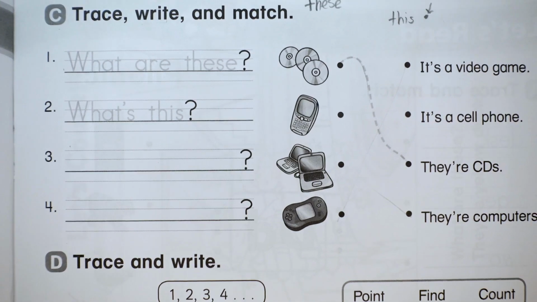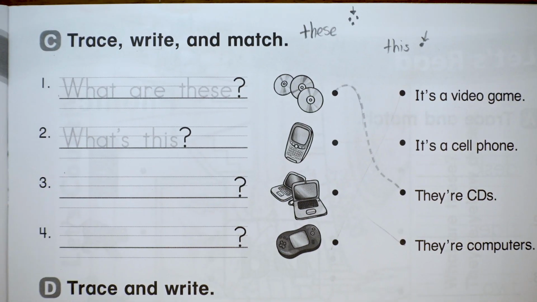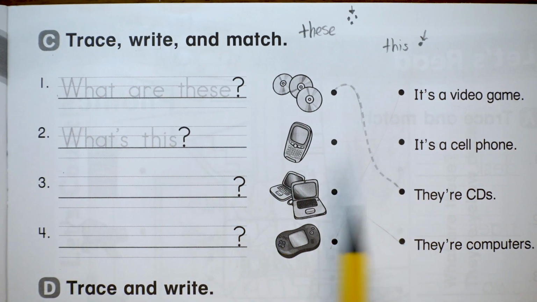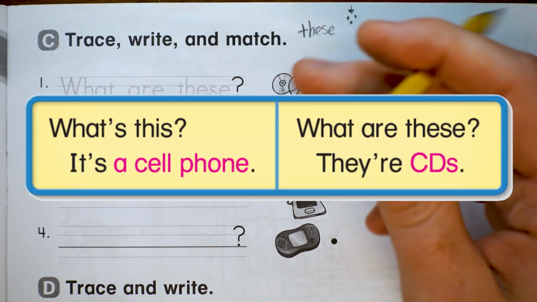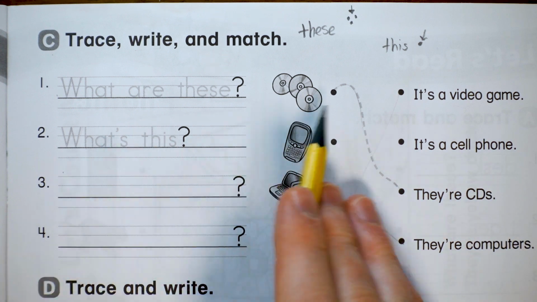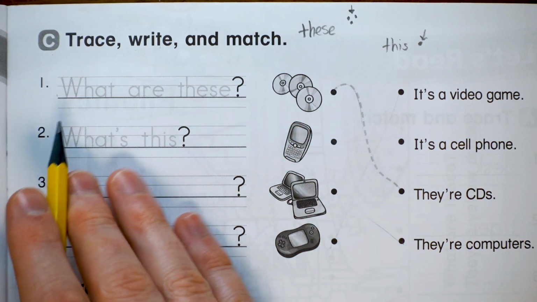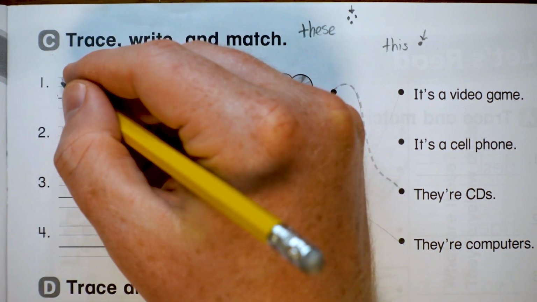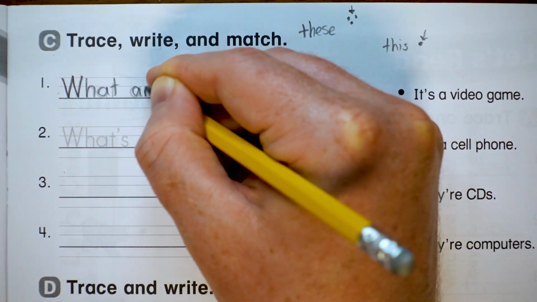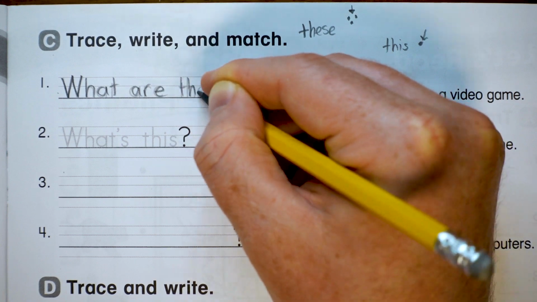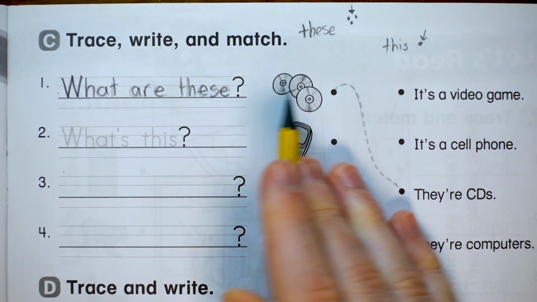Okay, in your student books, this question and answer pattern looked like this. Let's try it out. All right, 1, 2, 3. So we can make the question, what are these? What are these? CDs.